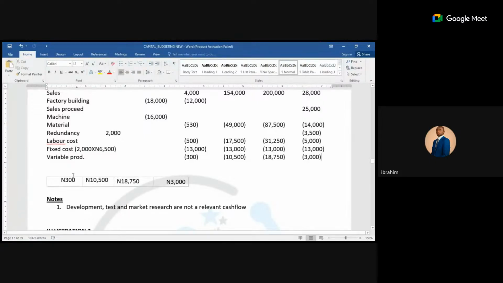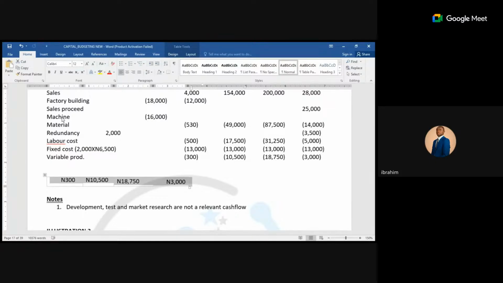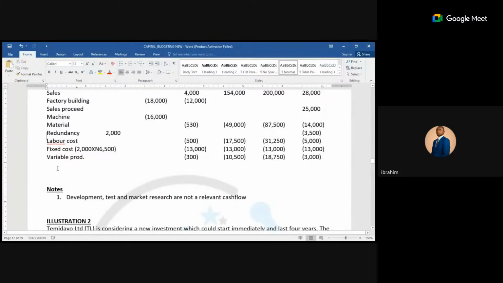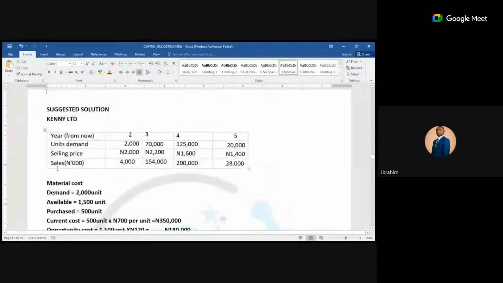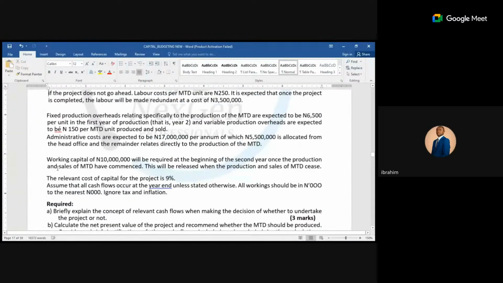Okay. So after this, what do we have again? From our question, we have variable production. What do we have? We have administrative costs. Administrative costs are expected to be 17 million per annum, of which 5.5 million is allocated from the head office, and the remainder relates directly to the production of MTD.